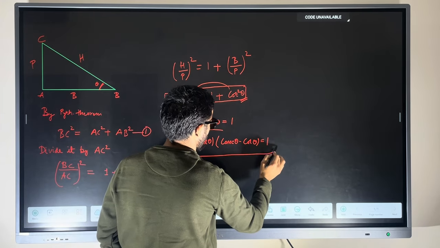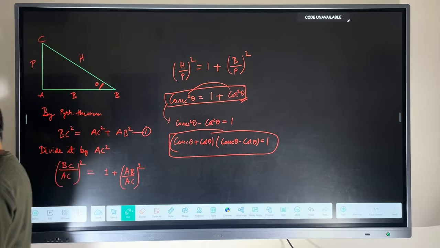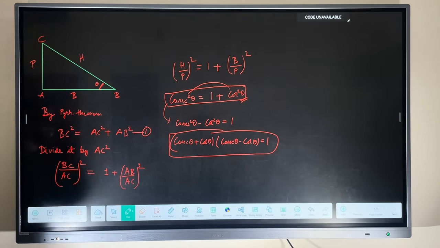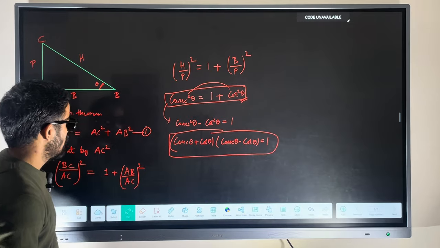So we have the second formula, cosec square theta is equal to 1 plus cot square theta, and we can change it as cosec theta plus cot theta into cosec theta minus cot theta is equal to 1.